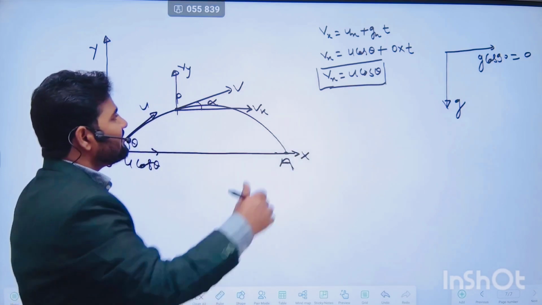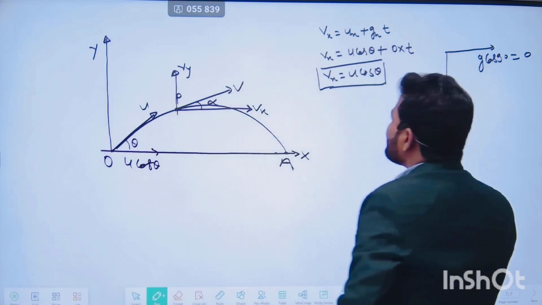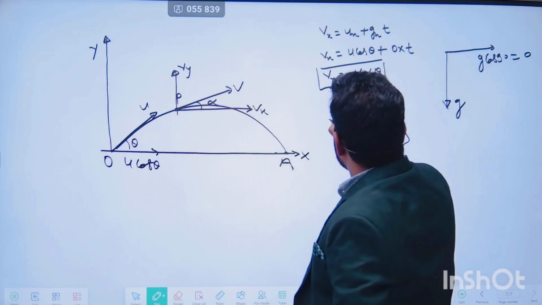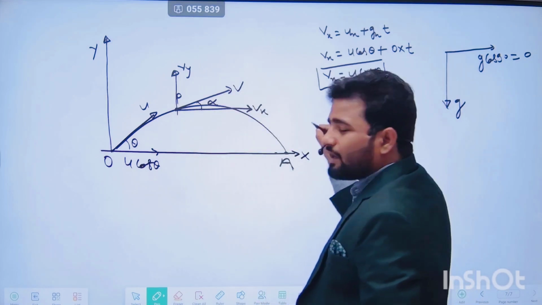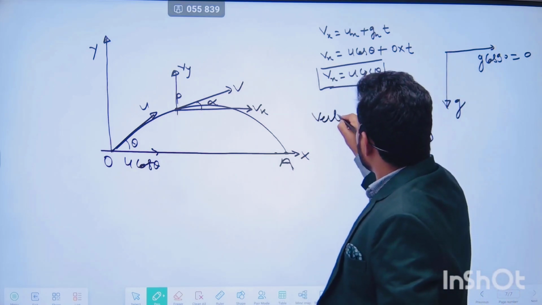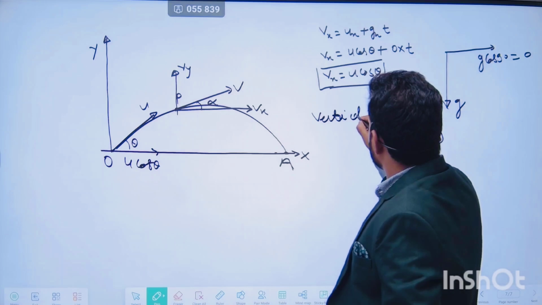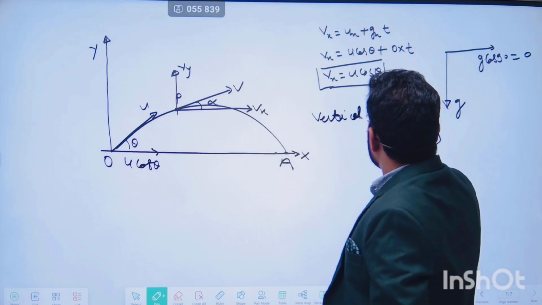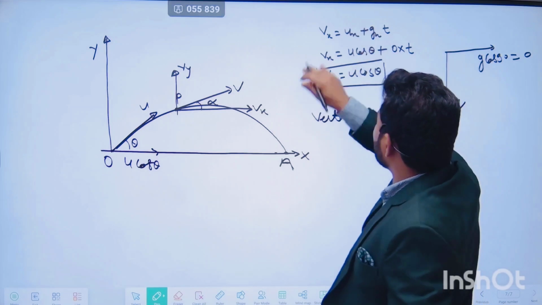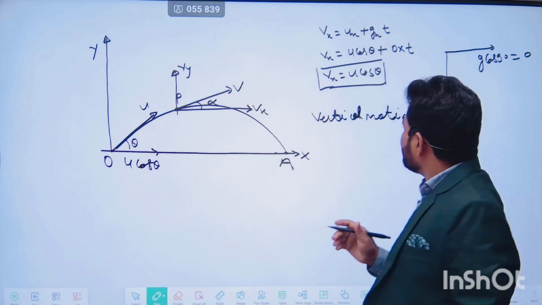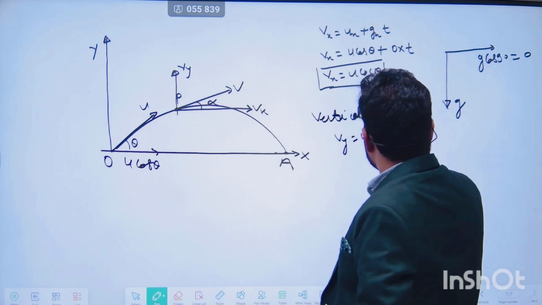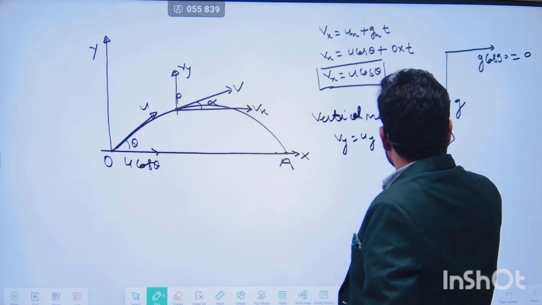Similarly, we can talk about the vertical component of velocity. Here we are considering the vertical motion. So Vy is equal to Uy plus Gy into t.